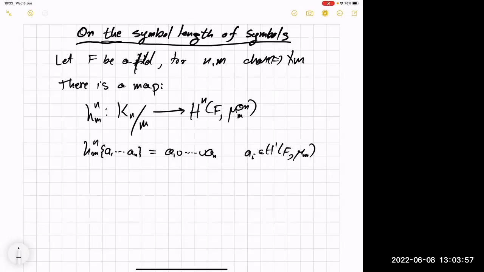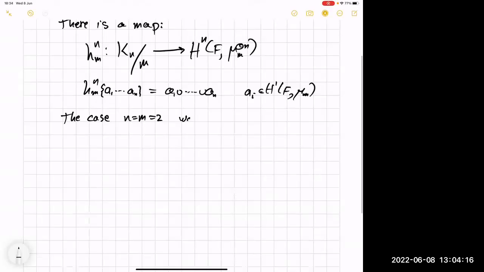But to make at least somewhat accurate history, I guess the case where n equals m equals 2 was proved by Merkuriev. And then together with Suslin, they generalized it to any m, but n still has to be 2.